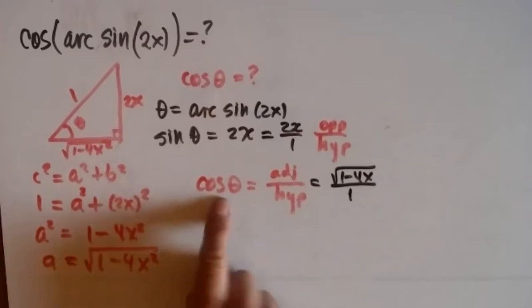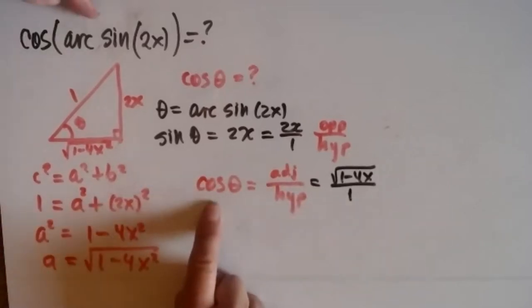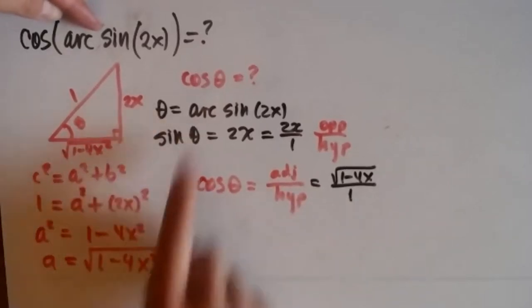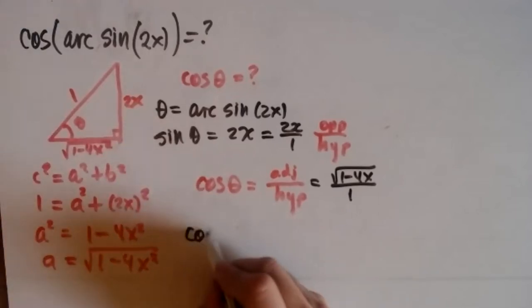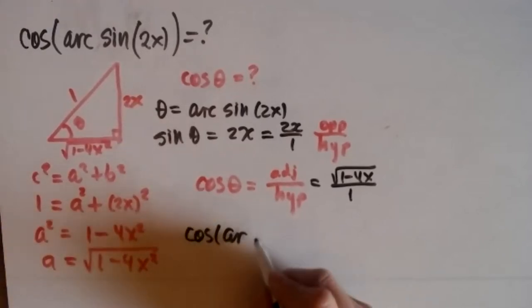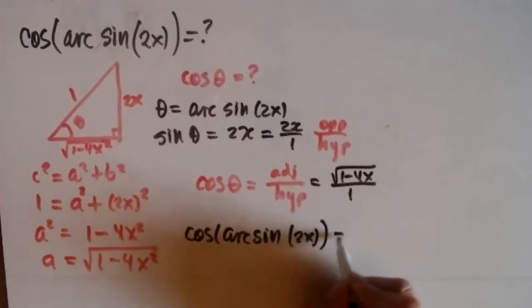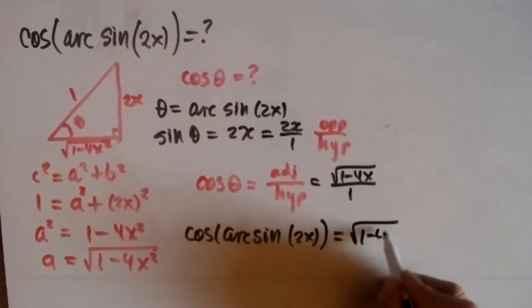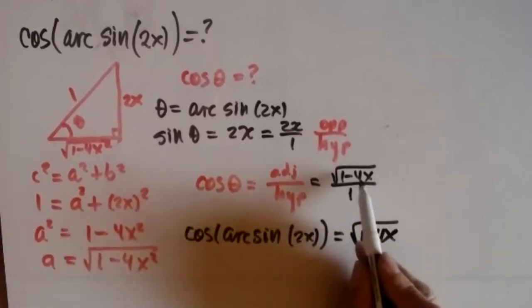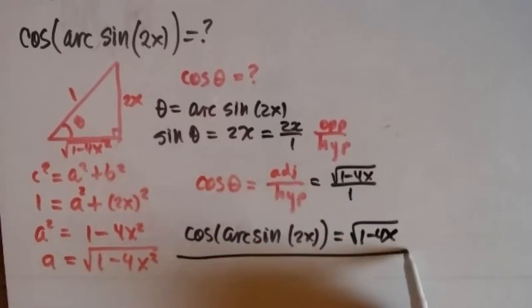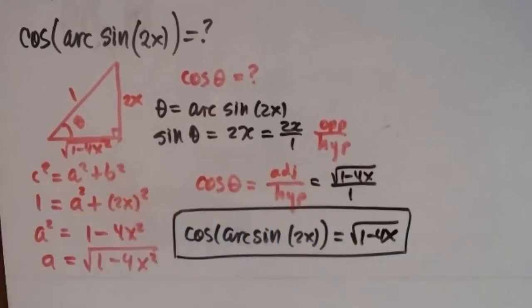I found the value of the cosine. So the answer to my problem, so I have to return the theta. So it's cosine of the arc sine of 2x is the square root of 1 minus 4x squared. Because this divided by 1 is the same thing, so I don't put the fraction, I just put the number. And that's the answer I'm looking for.